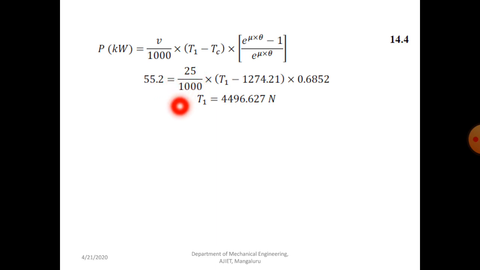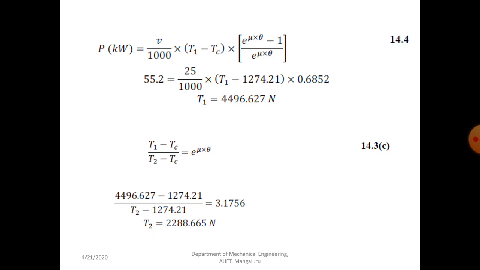Velocity is 25 divided by 1000, into T1 minus Tc, where Tc is 1274.21. This term, e to the power mu theta minus 1 divided by e to the power mu theta, you can calculate separately, and its value is 0.6852. After calculating you will get the T1 value as 4496.627. That is the tight side tension in the belt.